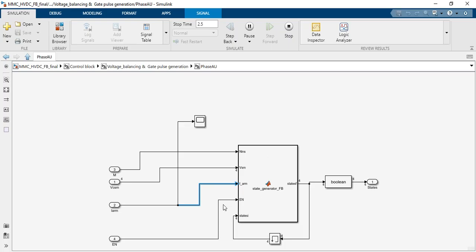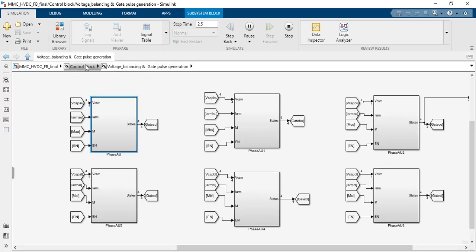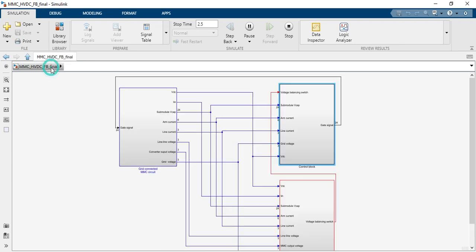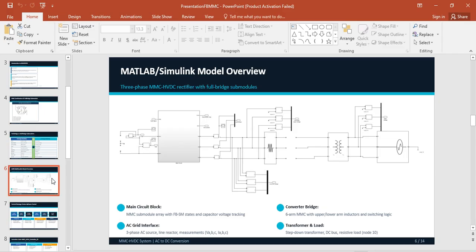So this is a full bridge submodule, so the arm current can be positive as well as negative. Currently you can see that the fault scenario is not added in this part, because that is the capability of the full bridge submodule: whenever the fault occurs, it blocks the DC fault.